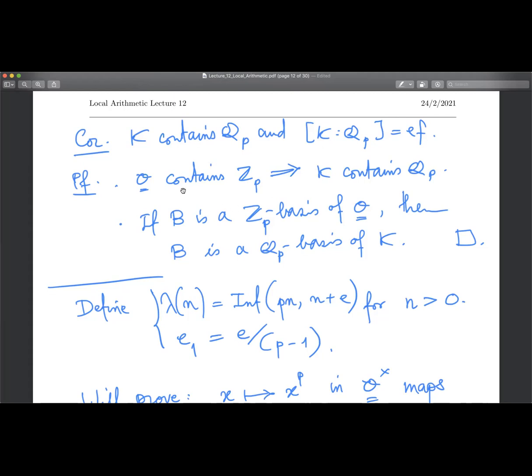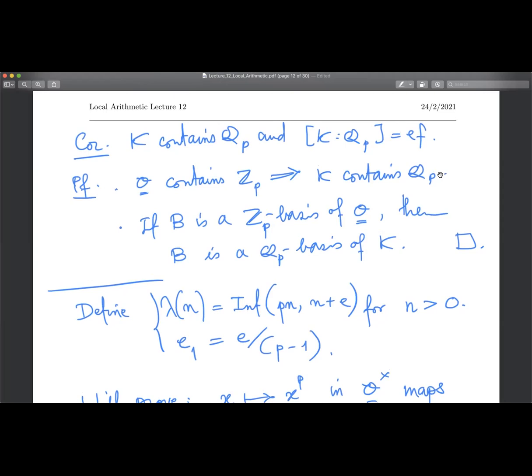That follows from, okay, since O contains Z_p, K contains its field of fractions, Q_p. And if I take any Z_p basis of O, then it continues to be a Q_p basis of K, and that's why the degree of K over Q_p is equal to e times f. Okay.